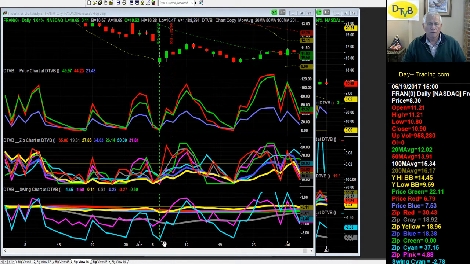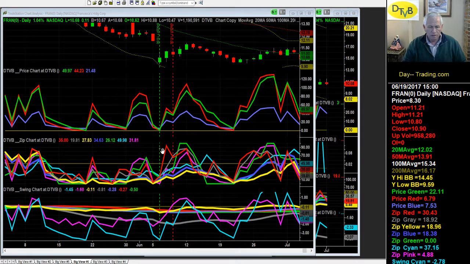I mean, they can go 40, 50, 60, 90 points in one day. The swing pink doesn't have that type of indicator line length movement, but it is real quick. And that's why we refer to it as a leading indicator.